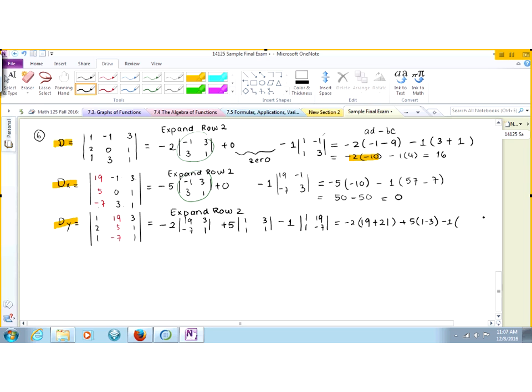Minus 1 times AD minus BC. What is AD minus BC? Negative 7 plus 19, which is 12, isn't it? So it is negative 7. Oh, negative 7 minus 19? You're right, negative 26. Yes, you are right.